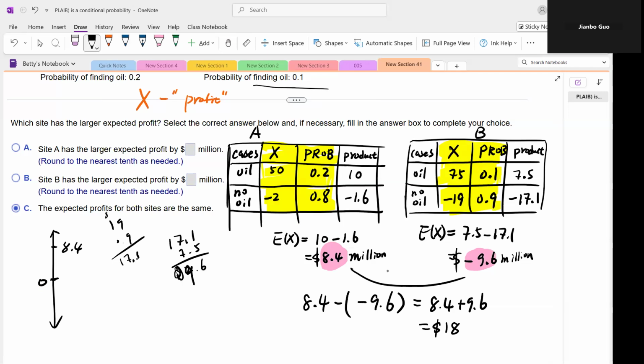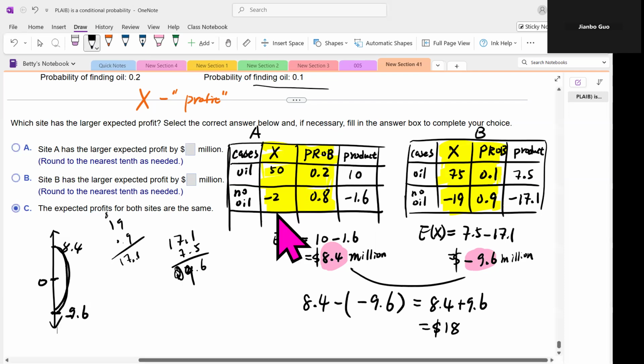And the expected profit for site B is negative 9.6. It is below 0. It's right here. So what's the difference between those two values? You are actually adding their absolute values together, 8.4 plus 9.6, because this is negative. Your minus negative actually is adding the positive. So site A has a larger expected profit by 18 million.